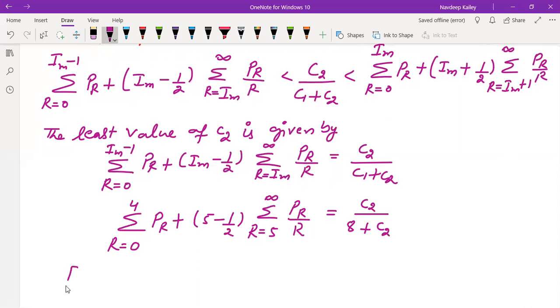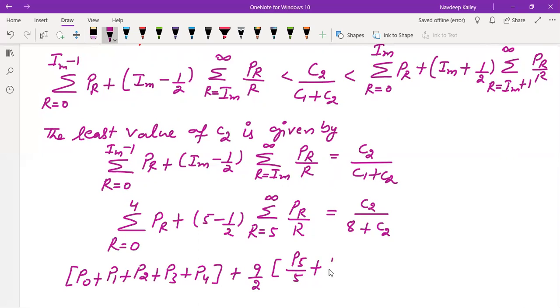This further becomes P0 plus P1 plus P2 plus P3 plus P4 plus 9 by 2 times P5 by 5, P6 by 6, P7 by 7, P8 by 8 is equal to C2 upon 8 plus C2.